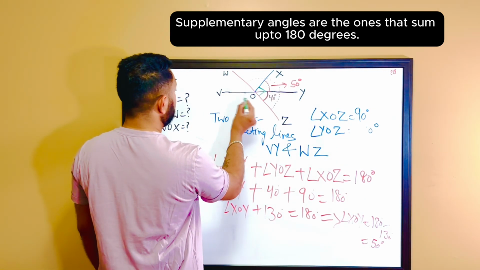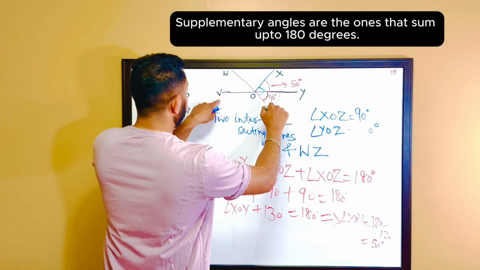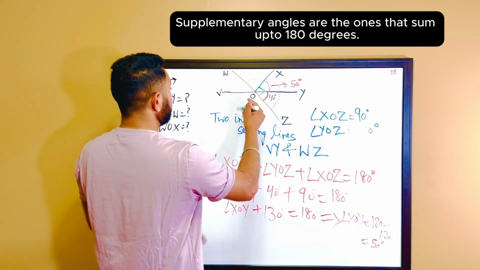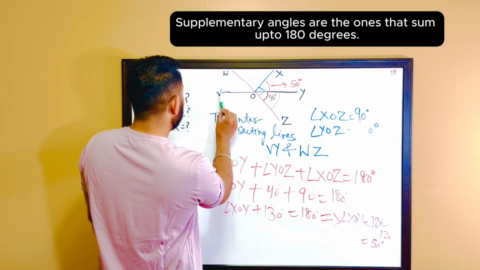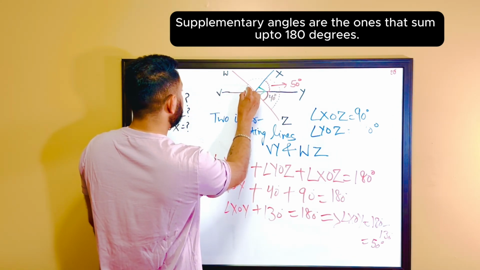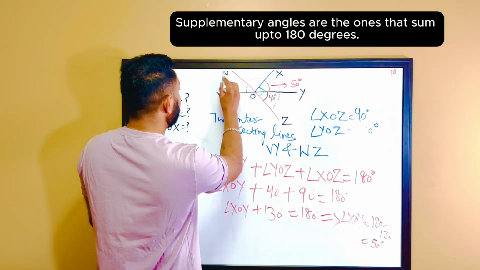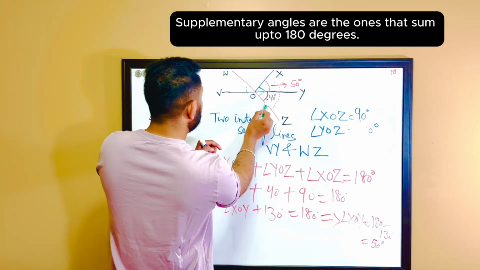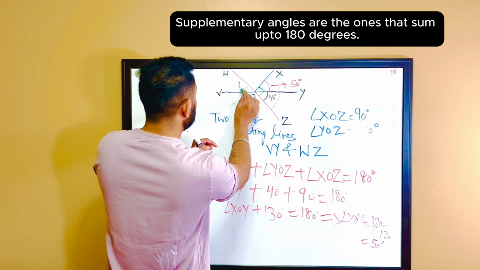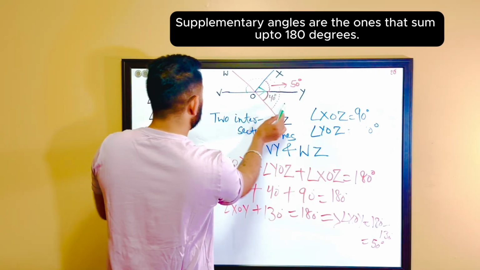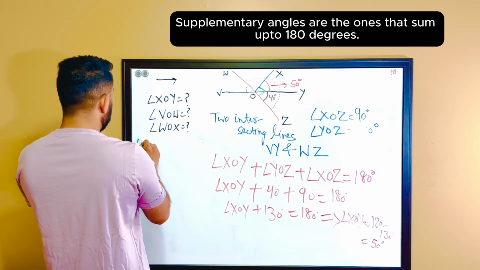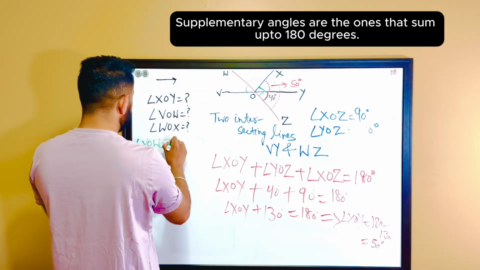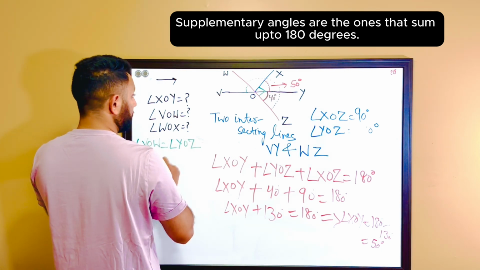That means for these two intersecting lines, VY and WZ, the opposite angles VOW and YOZ are two opposite angles, and they are equal. So VOW is equal to YOZ.